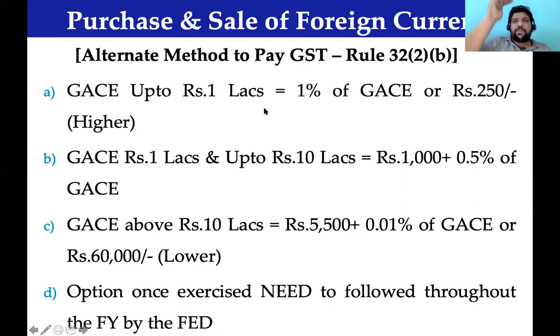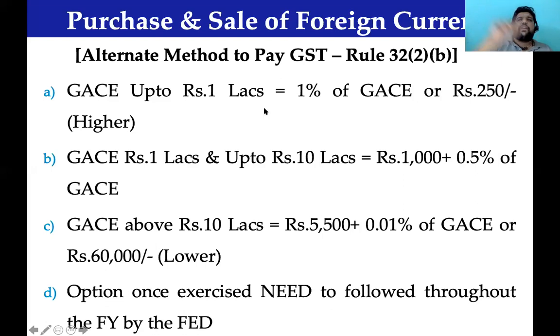I'm talking of one transaction. One transaction less than 1 lakh. That is to say, you went with $1,000 to the foreign exchange dealer and the dealer gave you 74,000. Then your gross amount of currency exchanged is 74,000. Sir, how did you get 74,000? 74 is the buying rate per dollar, and 1,000 dollars are purchased.